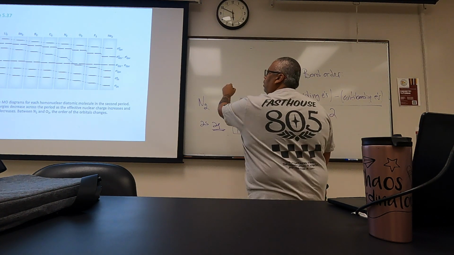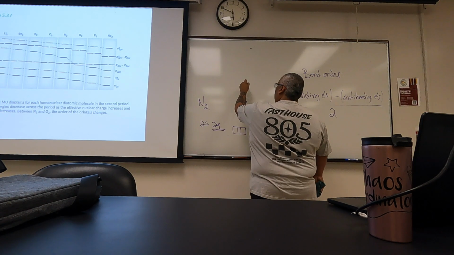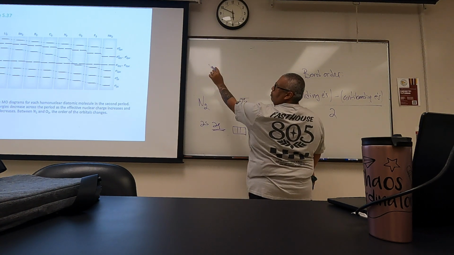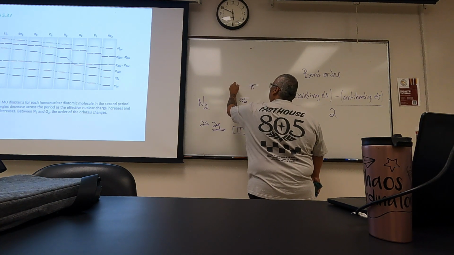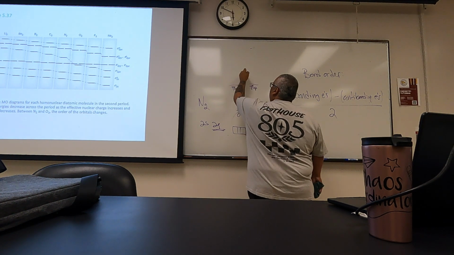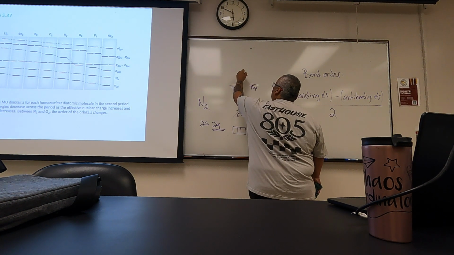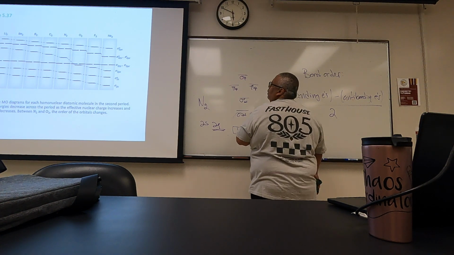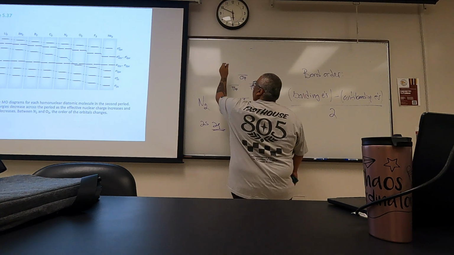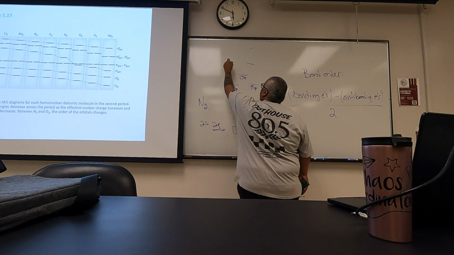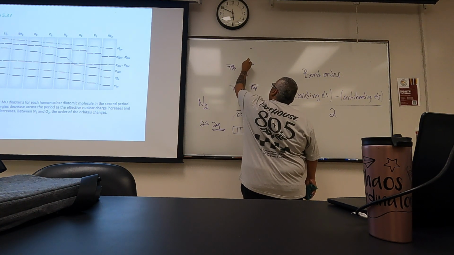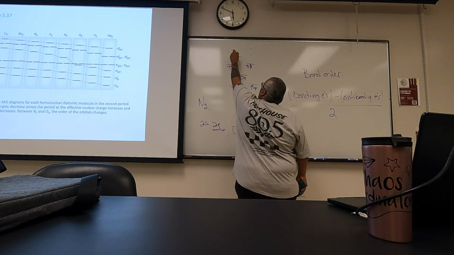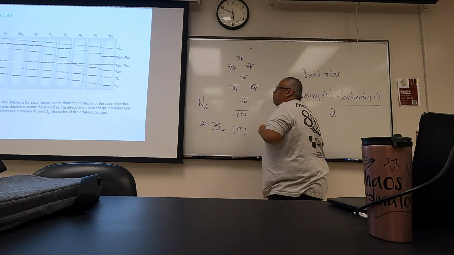So here we're going to have sigma p. And then we're going to repeat this, and these are anti-bonding, these are anti-bonding, and this is also an anti-bonding p orbital.